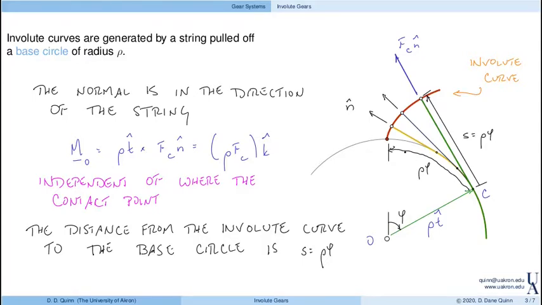So really the angle from the base of the involute curve to where this tangency is determines the length of this part of the string.